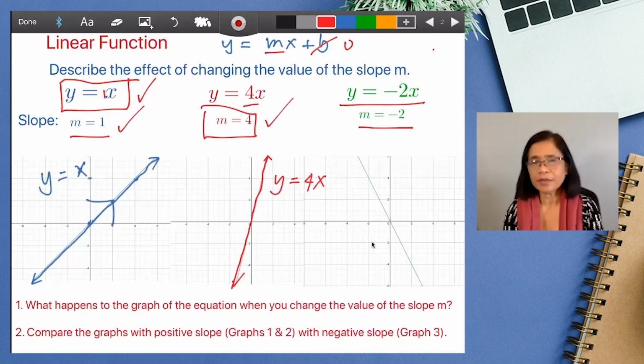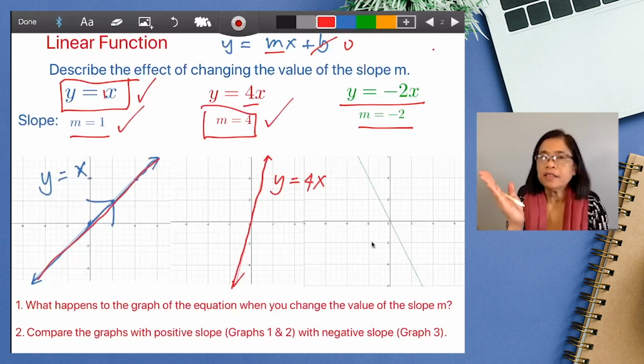Okay, write down your answer on your notebook, or let's see how your answer compares to mine. So if we have y is equal to x, notice the line y is equal to x compared to the line y is equal to 4x in terms of steepness.